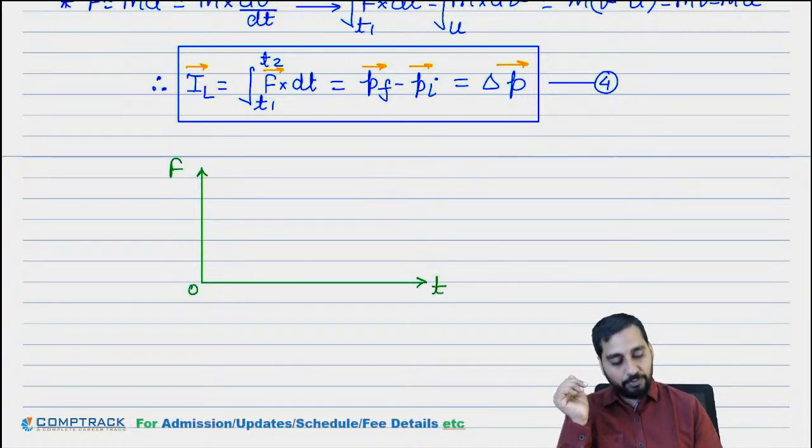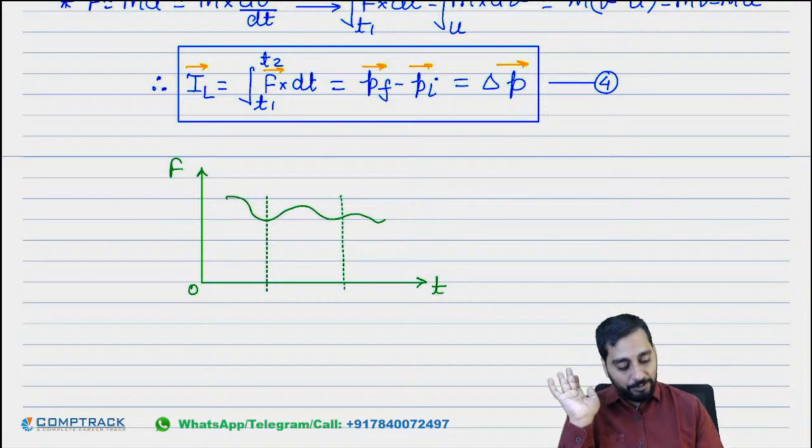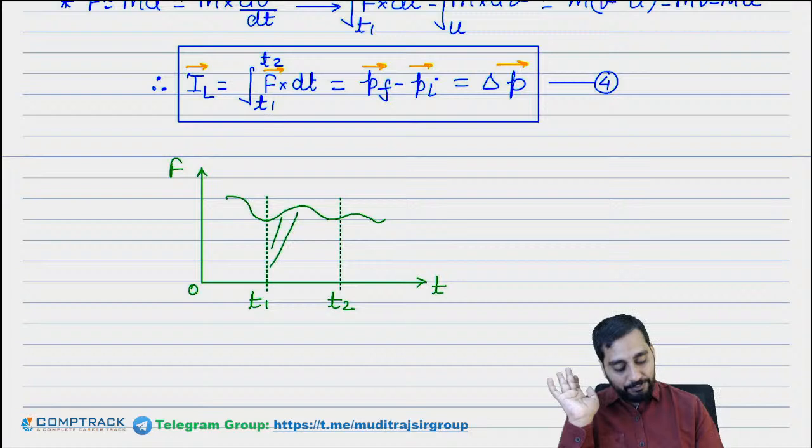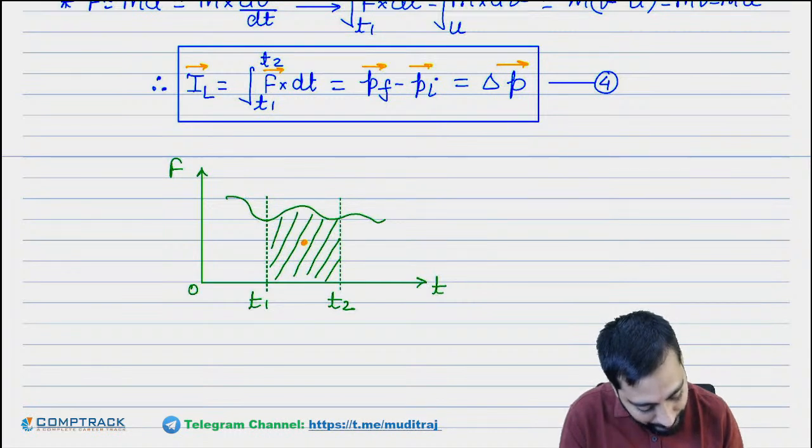So force will be varying like this, let's say between time t1 and t2. This is time t1 and this is time t2. So the area under the curve will give you the value of the integral.